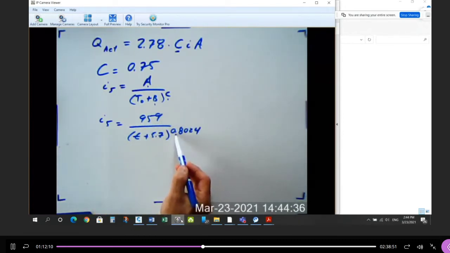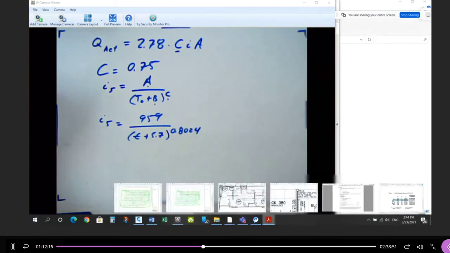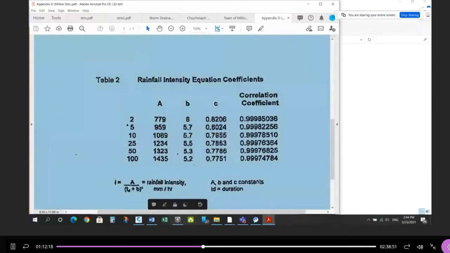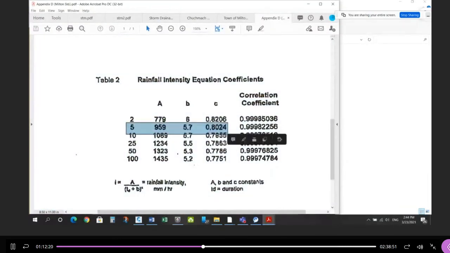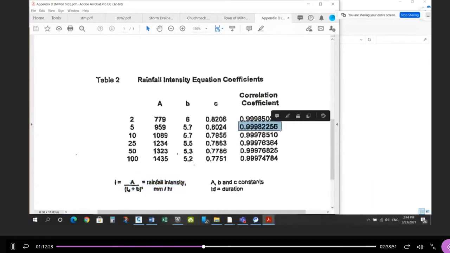And then C is the exponent 0.8024. Those are my A, B, C values from the appendix for the 5-year storm, okay? That's what we're designing for. So that's how you calculate intensity. And there's the formula again in millimeters per hour, okay? The correlation coefficient, it's so close to 1, I'm going to ignore it, okay? So don't worry about that. Assume it to be 1. It's close enough. Let's go back to our hand calculation, okay?